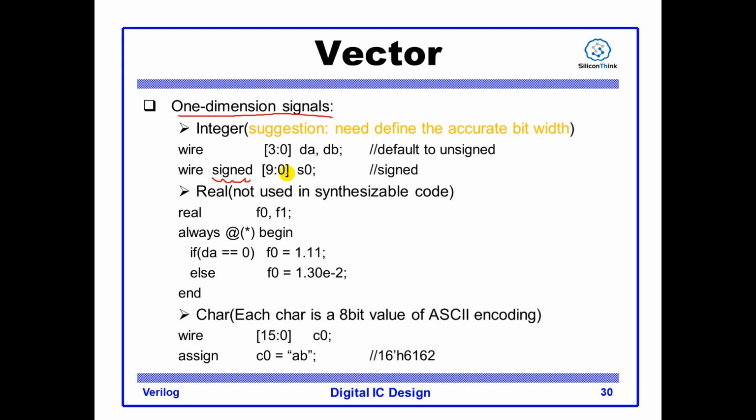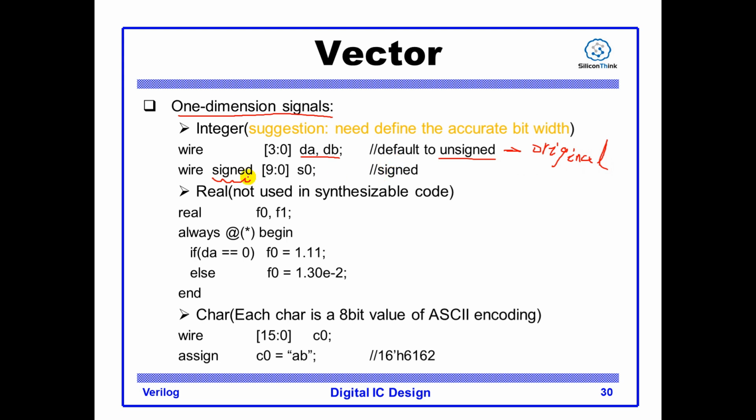Maybe signed. For signals, if you don't use this signed keyword, it defaults to an unsigned value. That means all the bits will be encoded in the original code, the original code of binary.